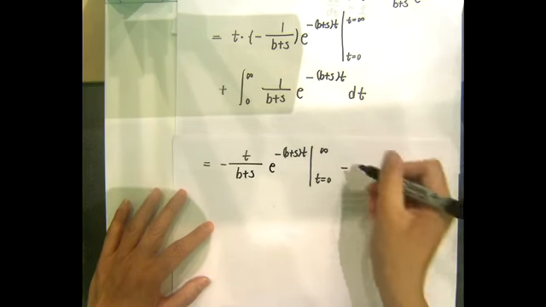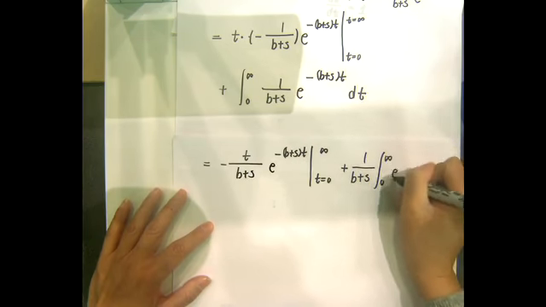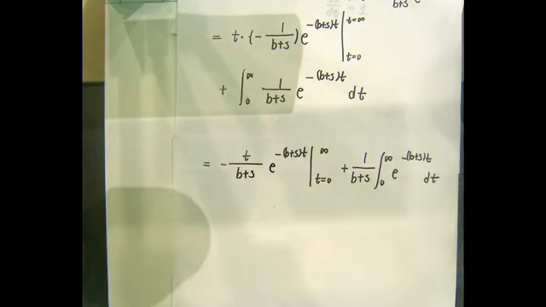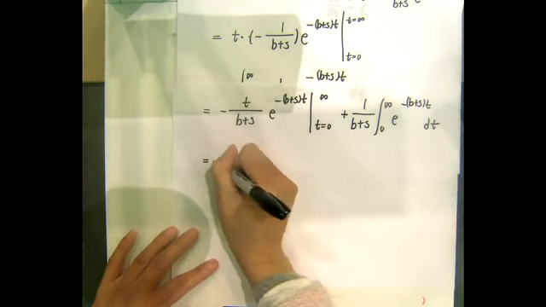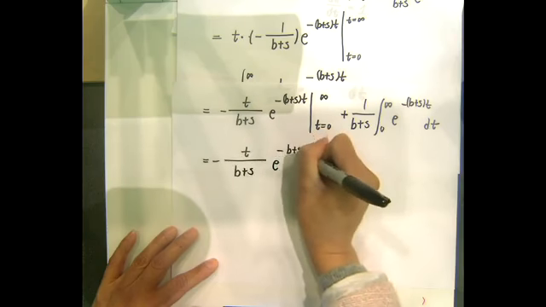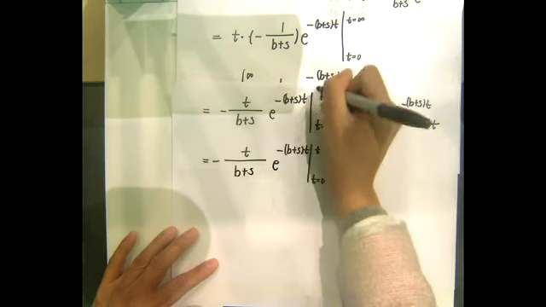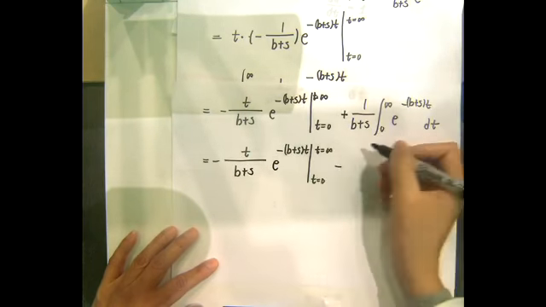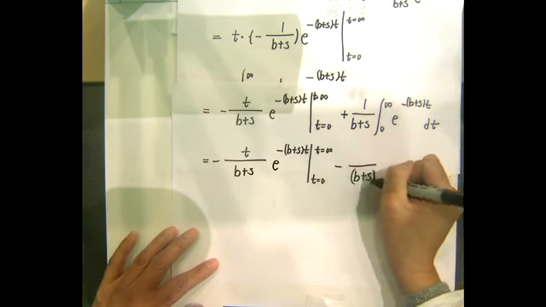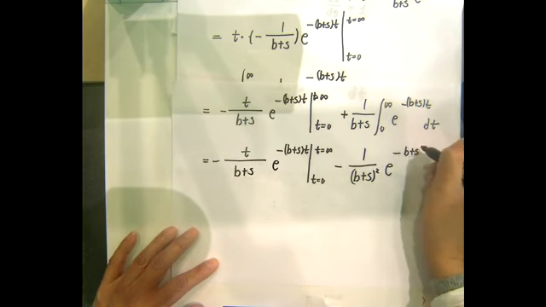And this part, I will have 1 over (b plus s), integral from 0 to infinity of e minus (b plus s)t dt. So again, I will have the same thing here, not changing. And I will have another (b plus s), so this is squared, and because this is minus, I will have e minus (b plus s)t.